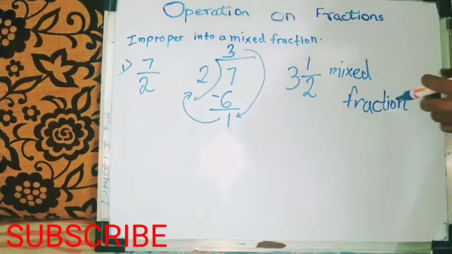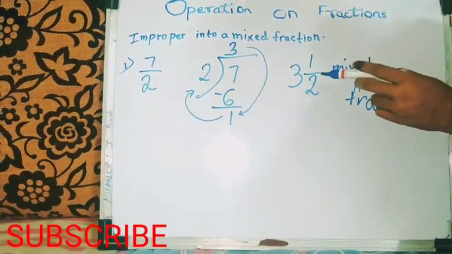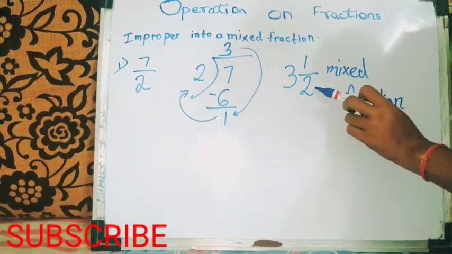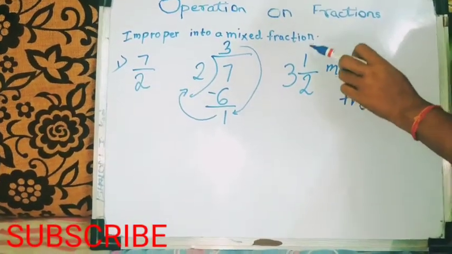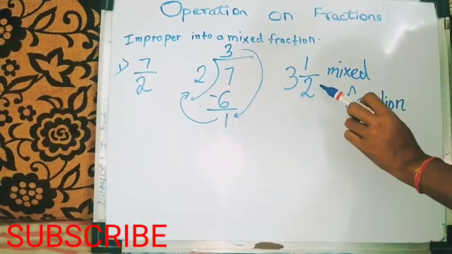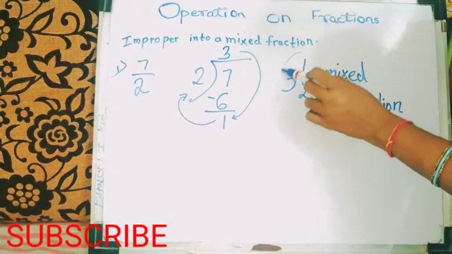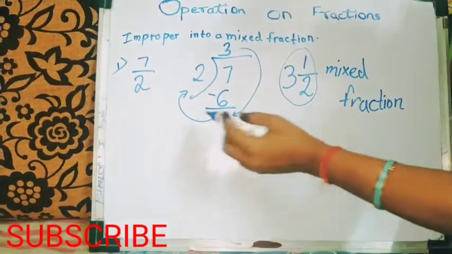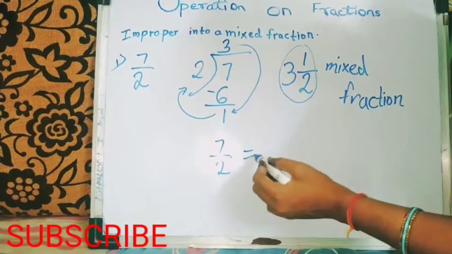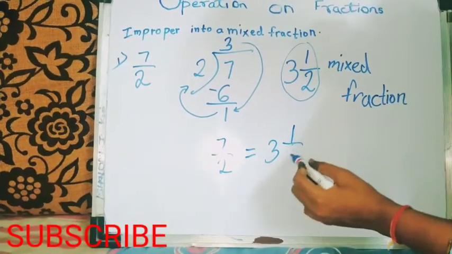And we will always remember in a mixed fraction the numerator is less than the denominator. Here 1 by 2, it means the numerator 1 is less than the denominator. This is a mixed fraction. 7 by 2 is equal to 3 upon 1 by 2.